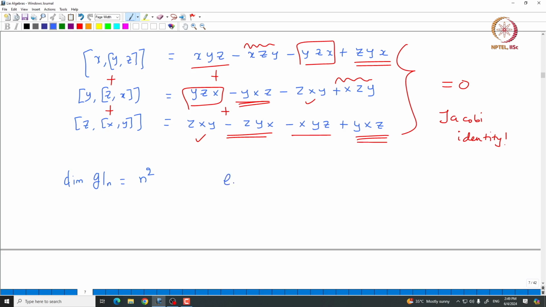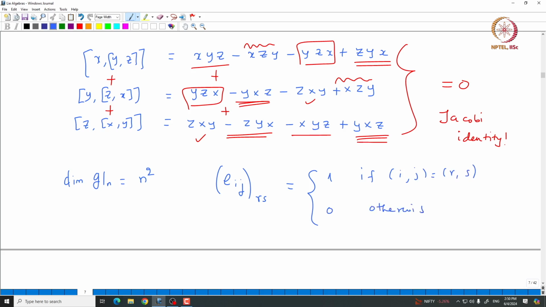We denote by E_ij the matrix which has 1 in the ij-th position, and the rest of the entries are 0. So if we calculate the rs-th entry, it is exactly 1 if (i,j) is equal to (r,s), or otherwise 0.